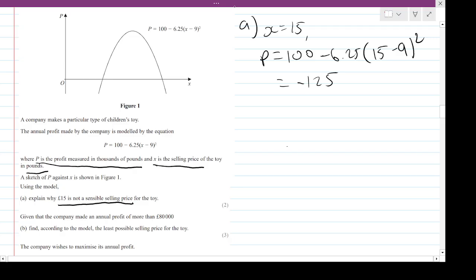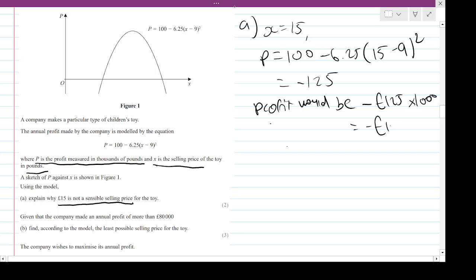Instinct is telling me I got a negative, so in real life that probably doesn't make sense. What does P represent? Again, I underlined it: P is the profit measured in thousands of pounds. So the profit would be negative 125, but it's in thousands of pounds, so I need to times by 1,000, which gives negative 125,000, so £125,000.